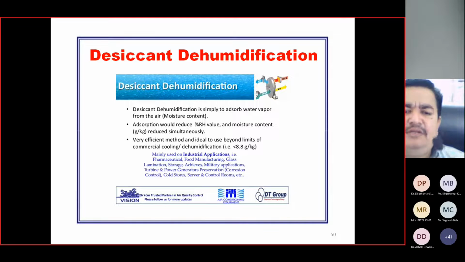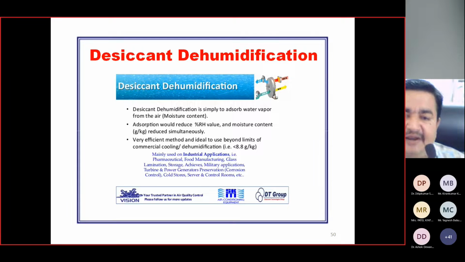Desiccant dehumidification simply adsorbs the moisture from the moisture-laden air. Whenever moisture-laden water vapor comes into contact with the desiccant, as I explained with Dalton's principle earlier, the desiccant surface in its dry form has very low vapor pressure, and this moisture-laden air has very high vapor pressure.